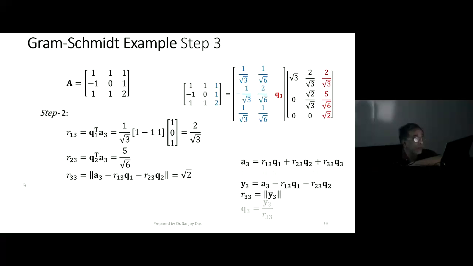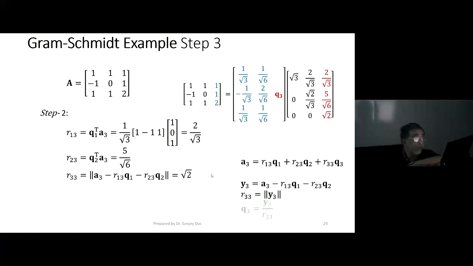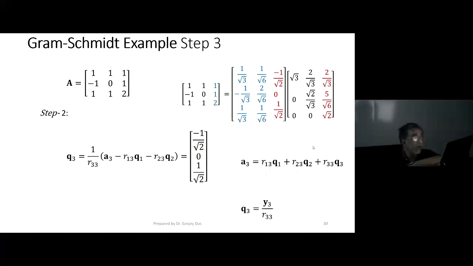First I found R13 and R23, the non-diagonal elements. And then I find the diagonal element, R33 here, and Q3 equals the normalized version of the residue Y3.